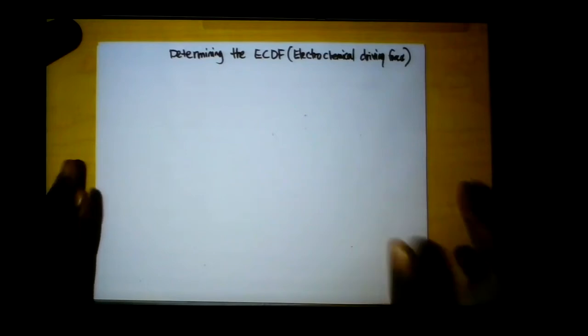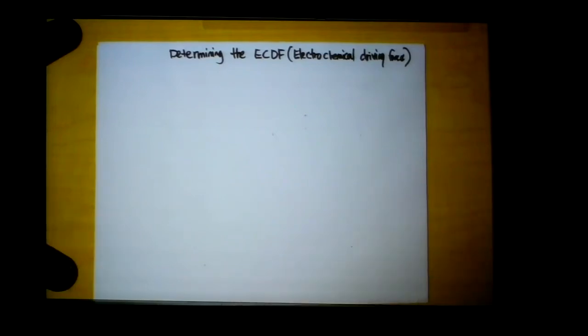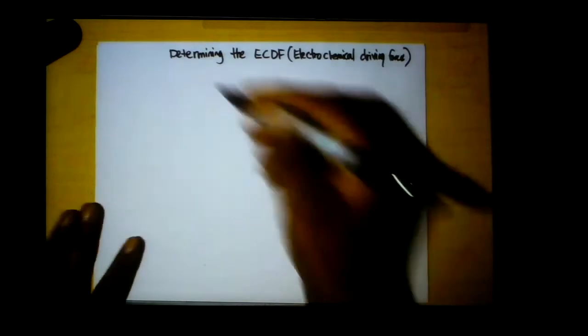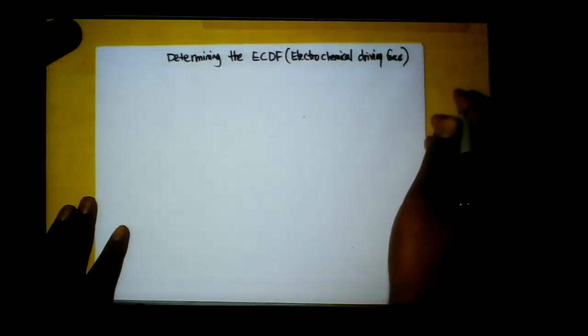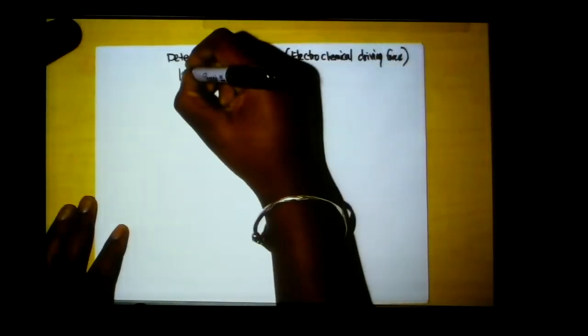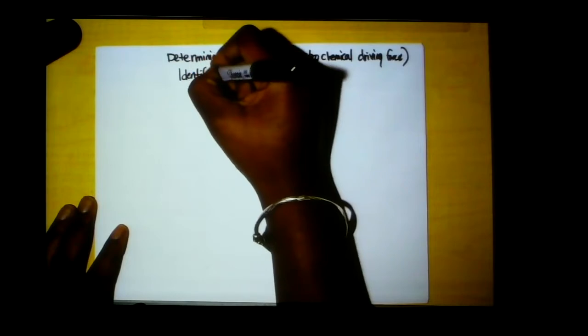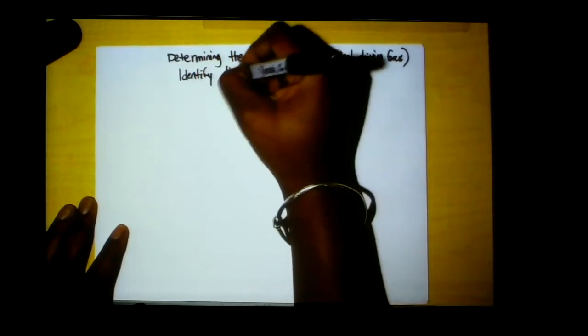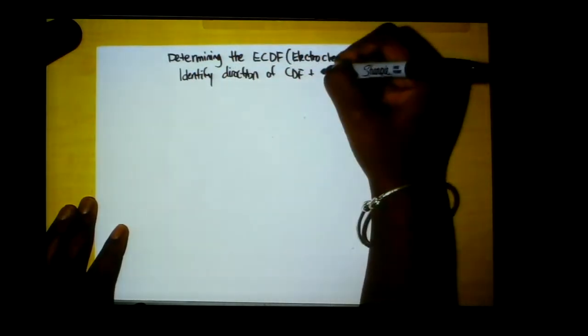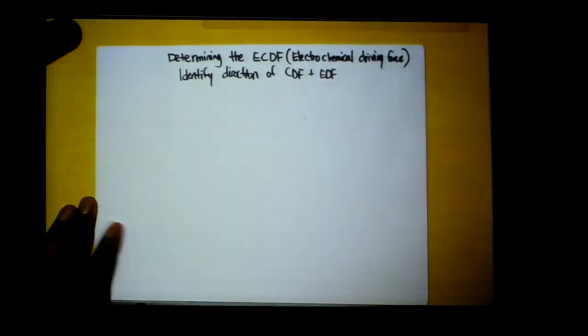All right, so in order to determine the net direction of the ECDF, which combines those two forces, we need to identify the direction of those forces individually. So we start by identifying the direction of the chemical driving force and the electrical driving force, okay?